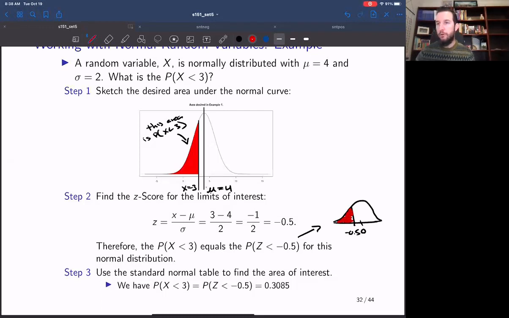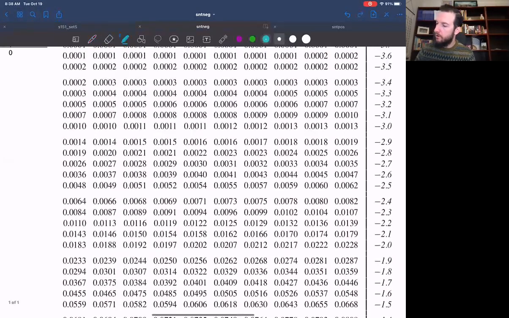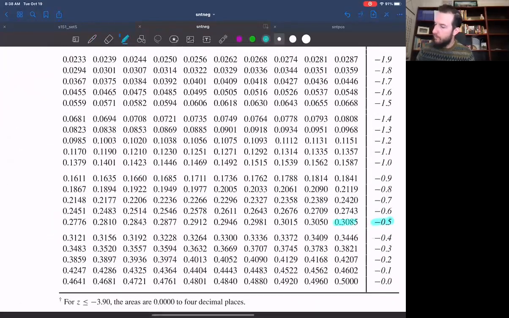Okay, so our z-score is now negative 0.5. So we go to the standard normal table. We look up negative 0.5. So that's right here. Okay, negative 0.50 in this case. And we have 0.3085.